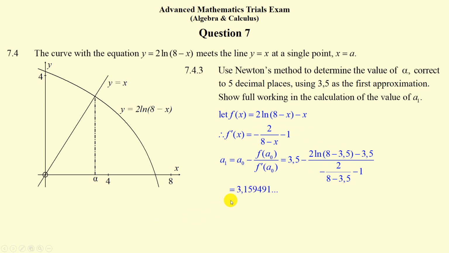And that gives us 3.159491 and so on. Store that on your calculator, because while we only need 5 decimal places, we cannot approximate along the way. So you store that in the memory.